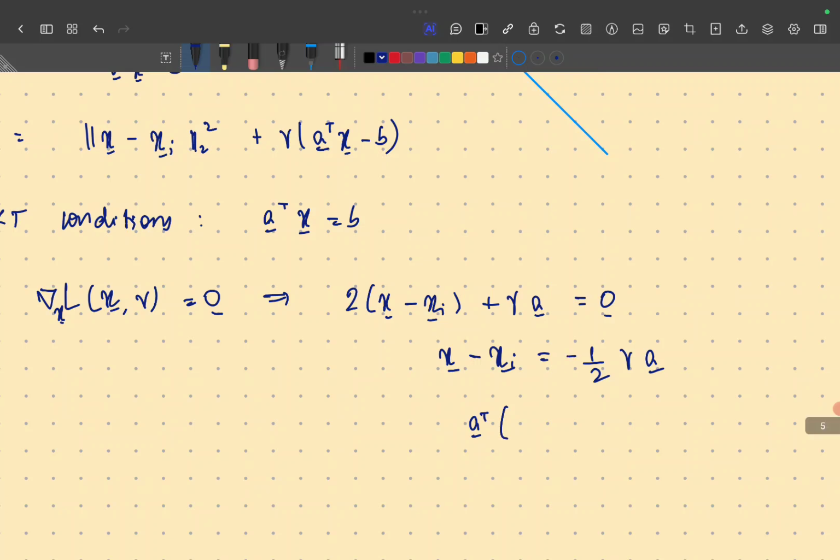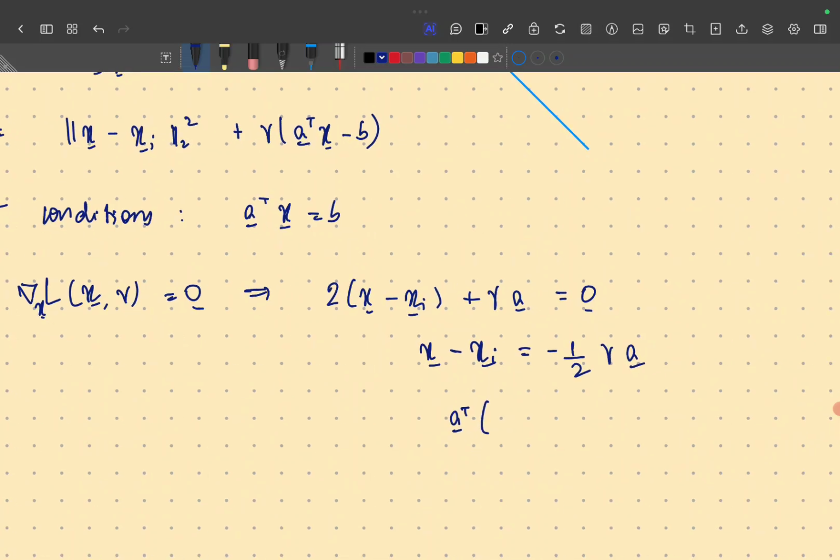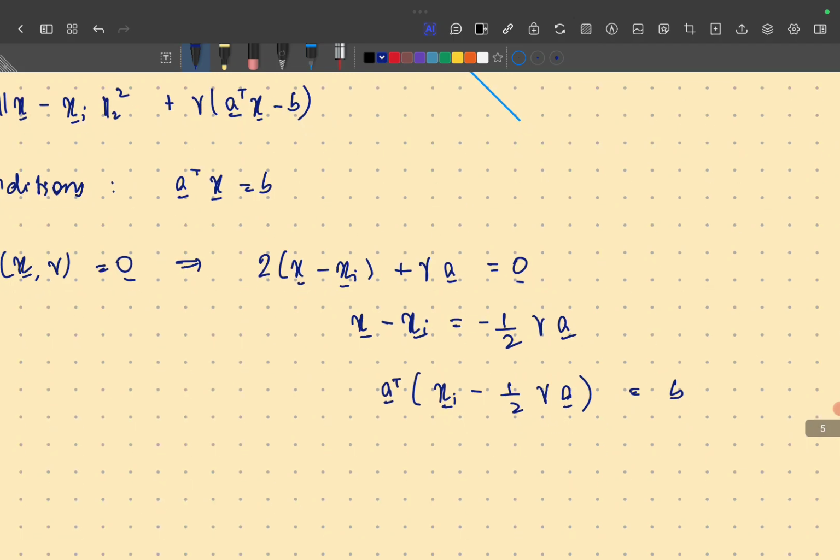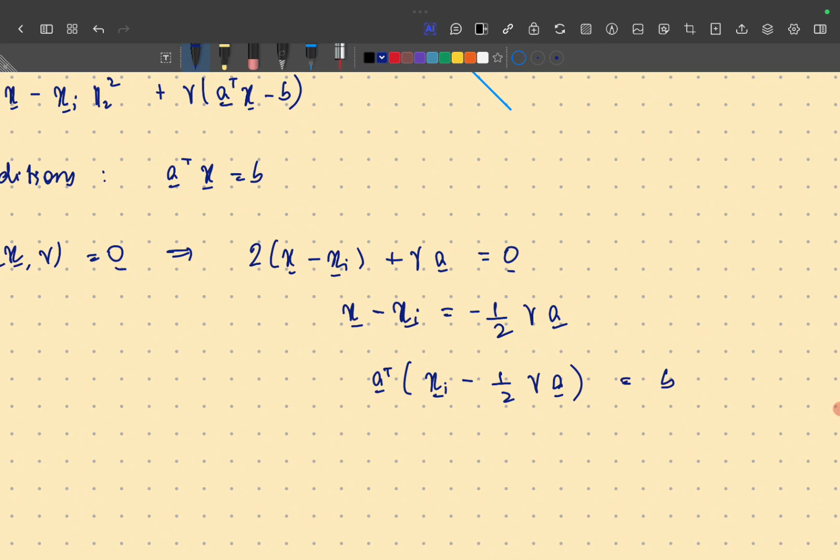Correct. This is a negative here. So if I substitute it back into the primal feasibility condition, then I get A transpose xi minus half nu times A, and this should be equal to b. Ultimately I want to solve for nu, right?